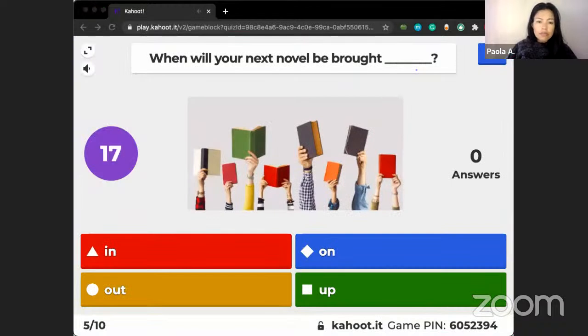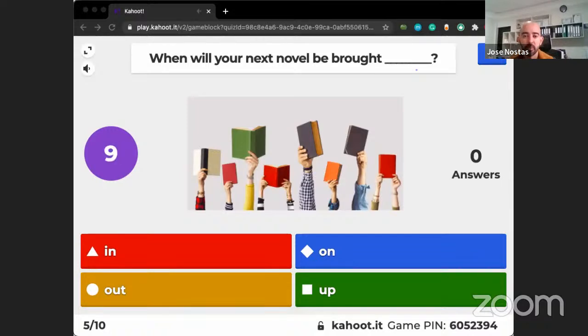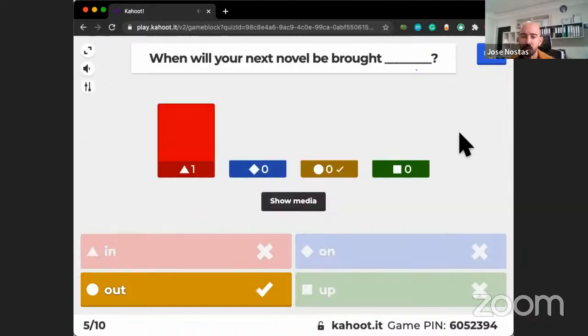This is a question. When will your next novel be brought out? Brought out. So I have to study special verbs, no problem.